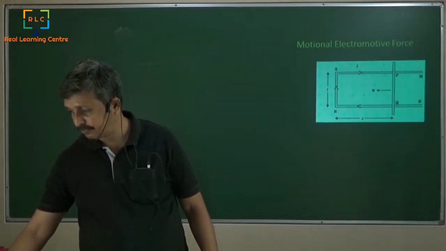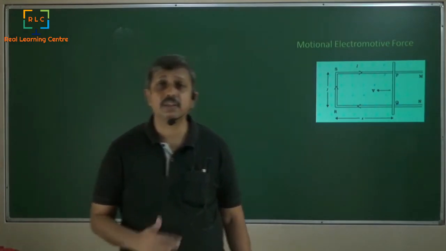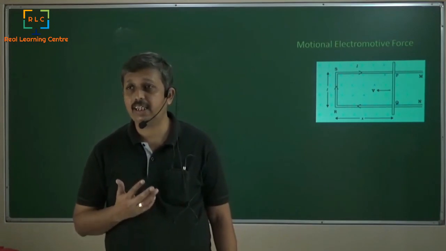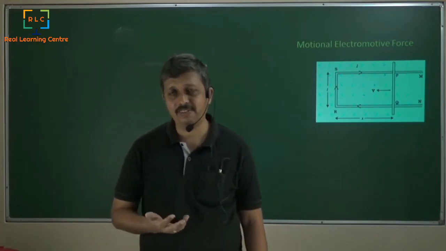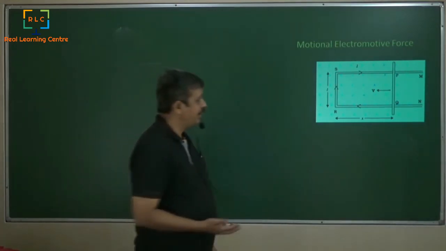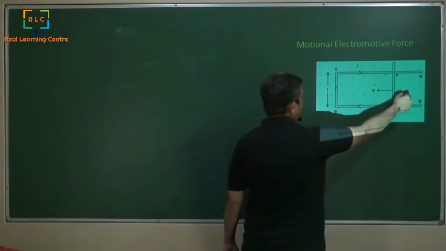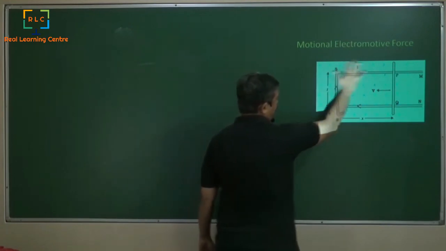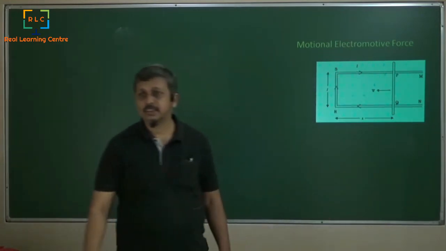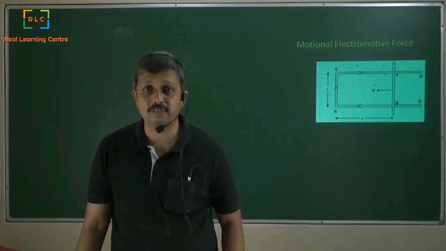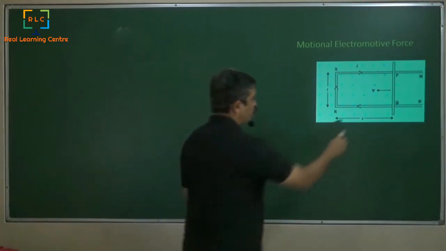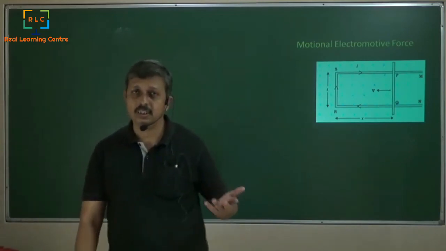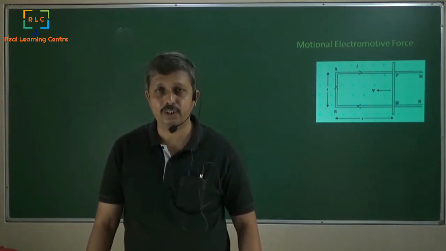In the next class we'll talk about what we call motional electromotive force, in the sense that if you try to move, let us say, this rod on this, which has a magnetic field here, there is a change in magnetic field with respect to this particular loop, the area changes, and that brings about a certain current induced in the circuit.